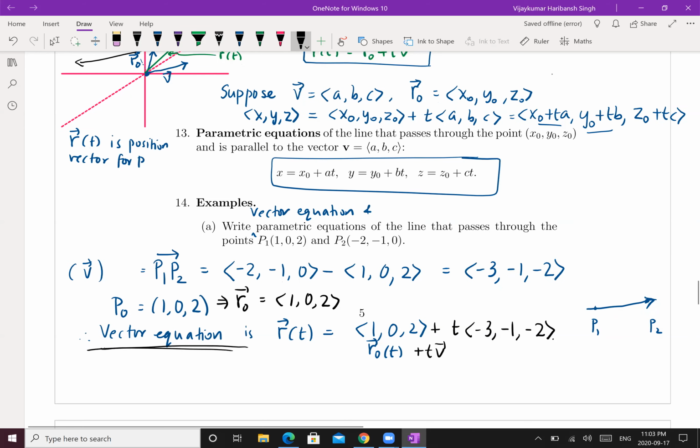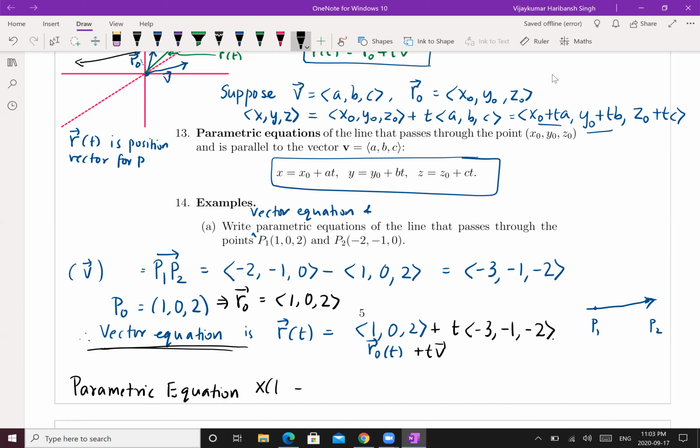Now what about the parametric equation? For the parametric equation, x is a function of t, x(t).